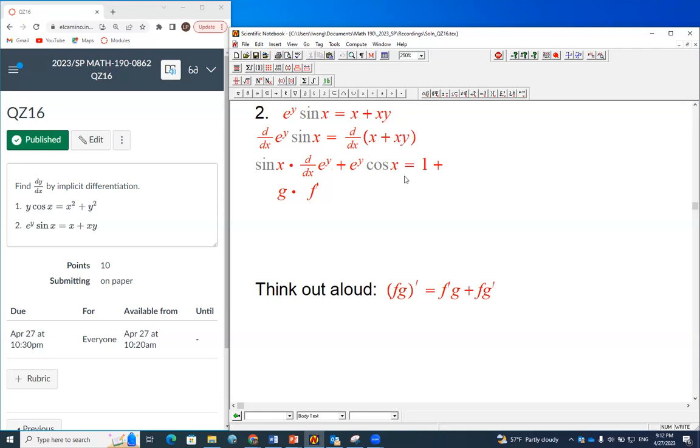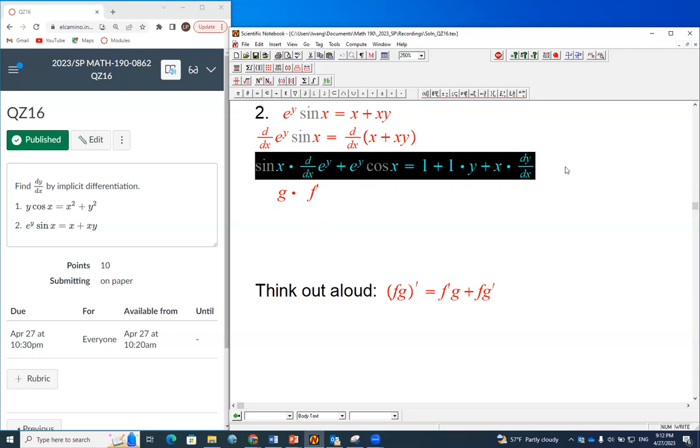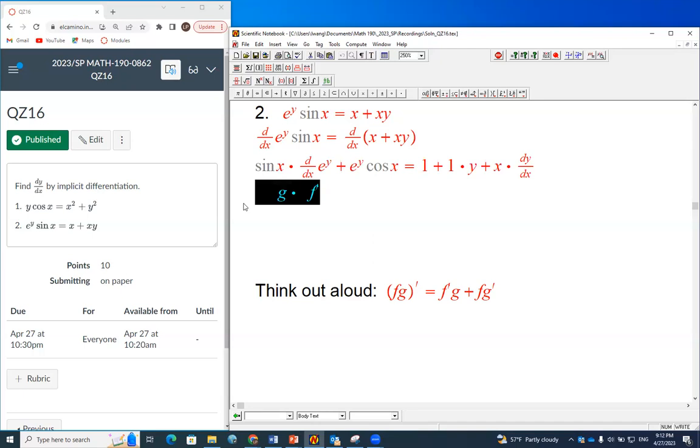So your f prime is 1 times y plus fg prime. So fg prime, g prime is dy dx. Okay. So your first step could be something like that. You don't need to show this piece. Okay, so now I'm removing it.